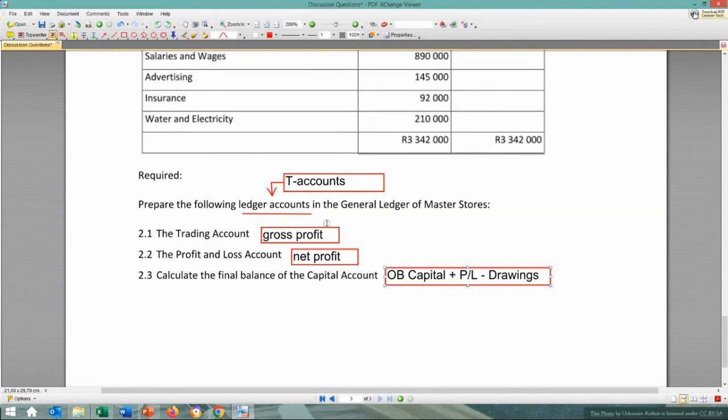So for the trading account, we require three accounts' information. We need the sales returns that go to our sales account. We then have to take the net sales, which will go to our trading account.